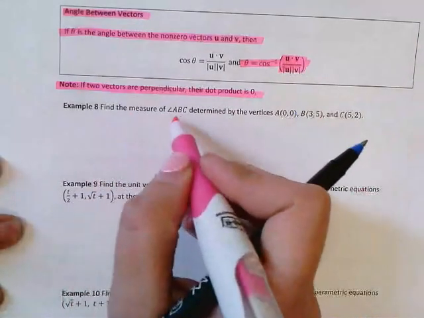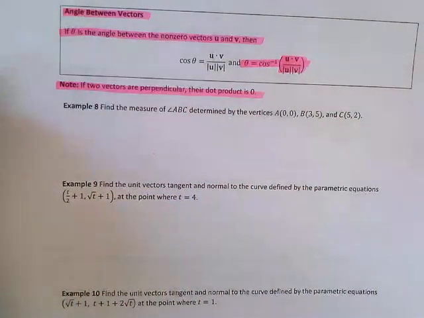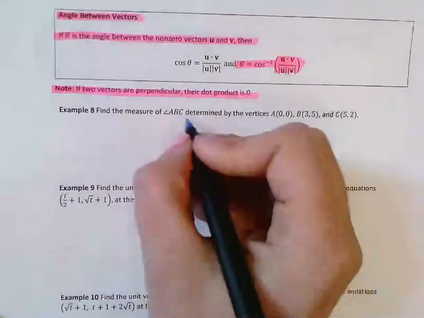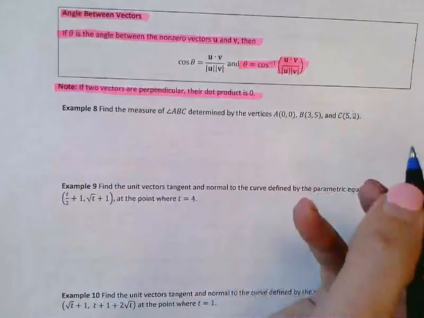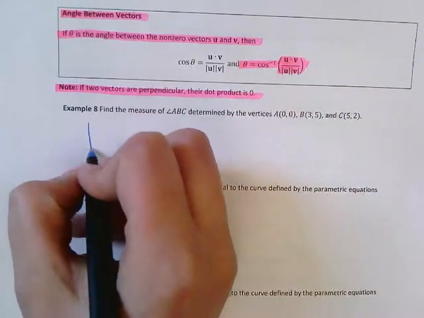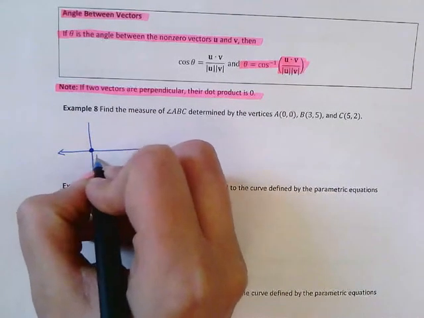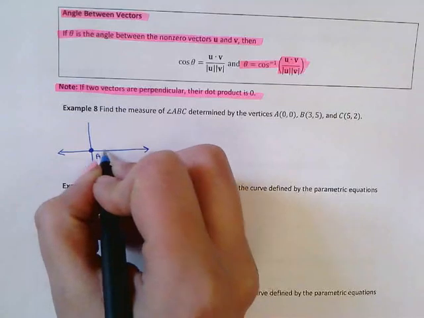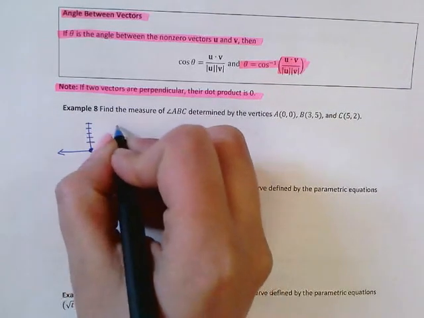Alright, so here, find the measure of the angle ABC determined by these vertices. So here is what we got. We got 0, 0, that's A. And we got B at 3, 5.